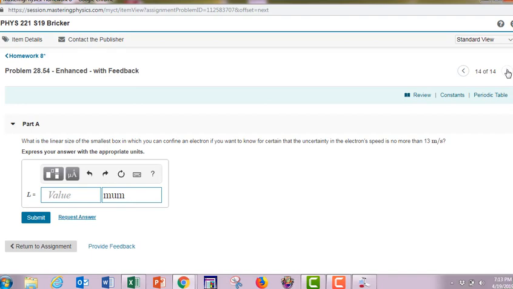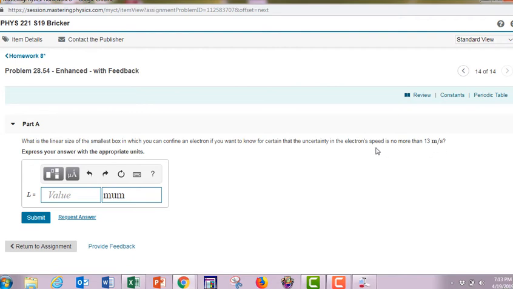Okay, so this one is, let's see. What is the linear size of the smallest box in which you can confine an electron if you want to know for certain that the uncertainty in the electron speed is no more than 13 meters per second? So you don't know the electron speed exactly, but you want to know it within an uncertainty of 13 meters per second.